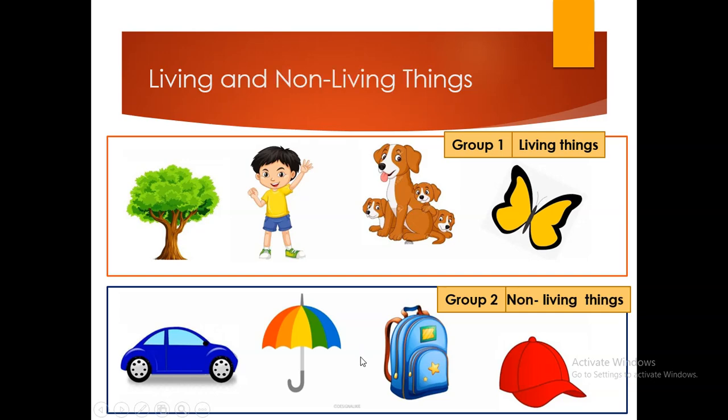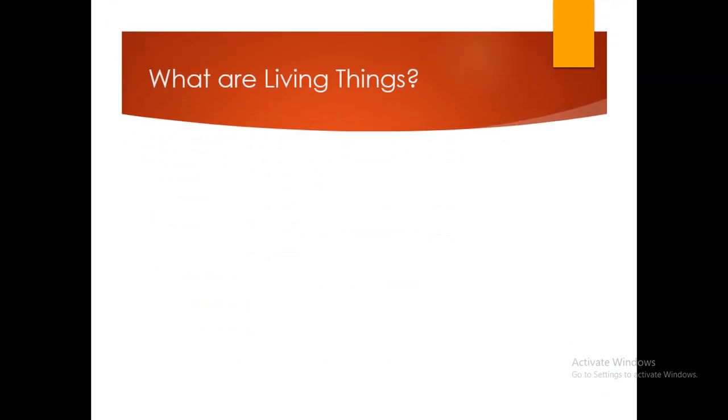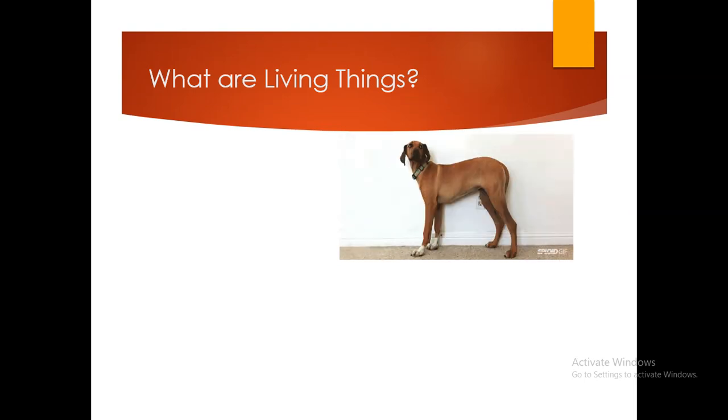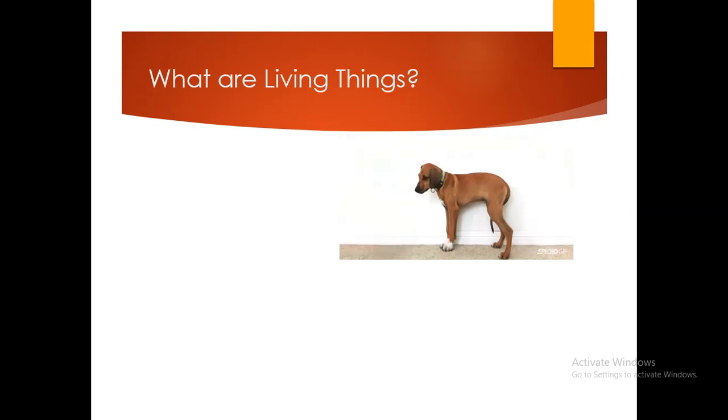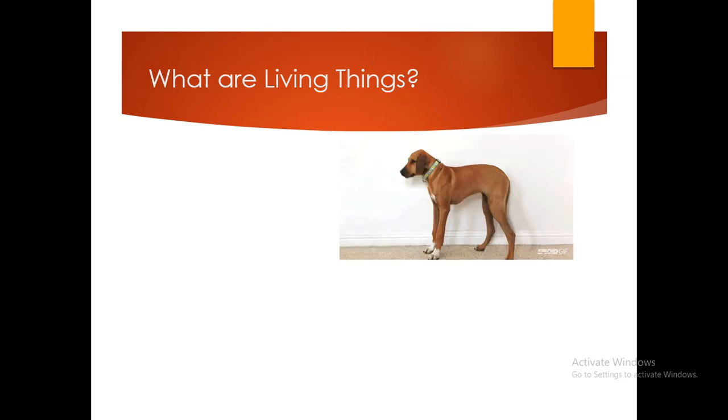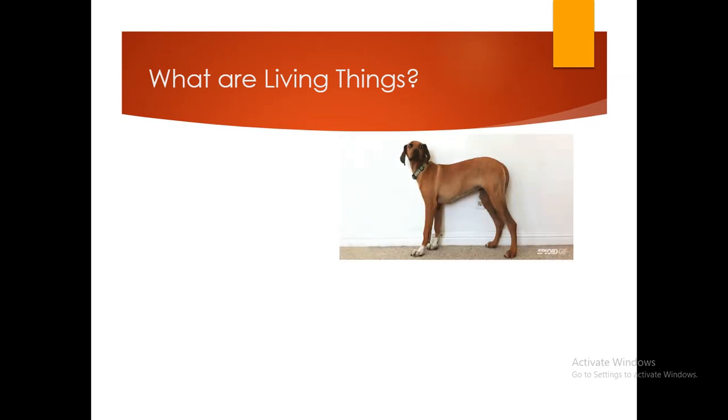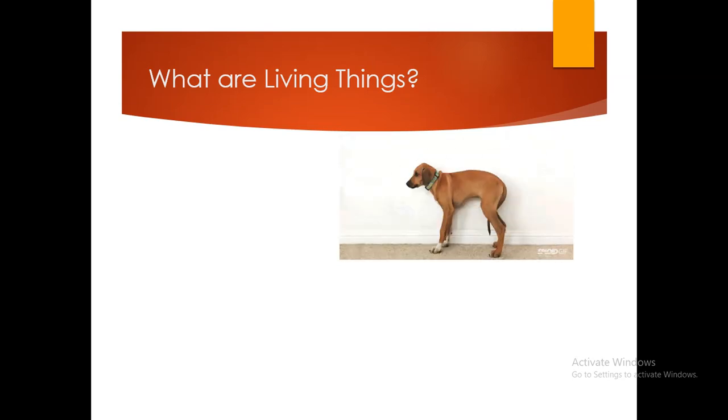So let's get started. What are living things? What traits do they have? What do they need, so I can call them living things? Look at this picture. It's a picture of a dog, and this dog gets bigger, it develops, right? That means it grows.